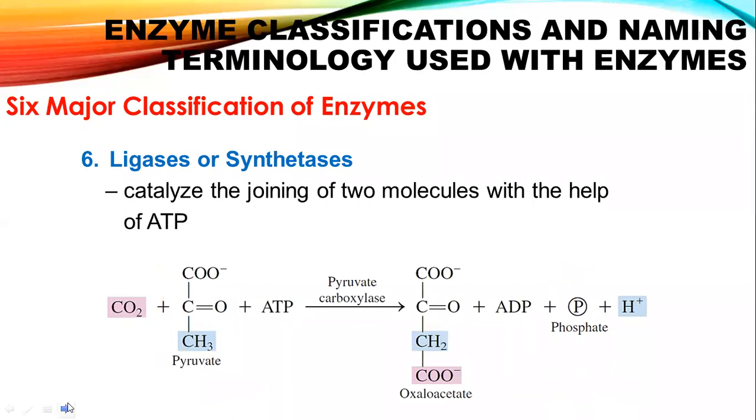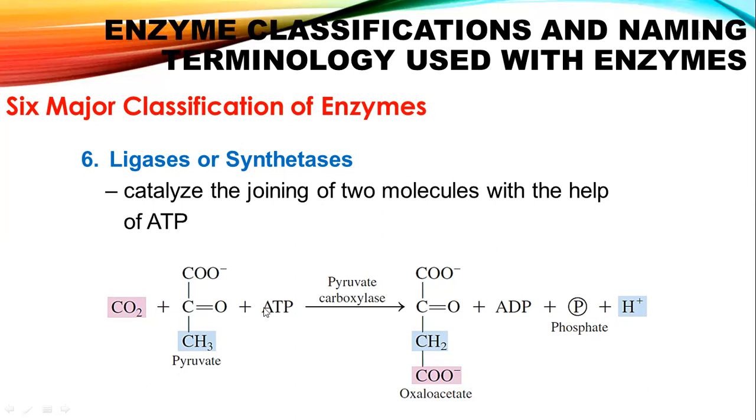The other one is the ligases. Ligases catalyze the joining of two molecules with the help of ATP. Ligase or synthetase. The S on the last part indicates only that there are many of them. So they catalyze the joining of two molecules with the help of ATP.